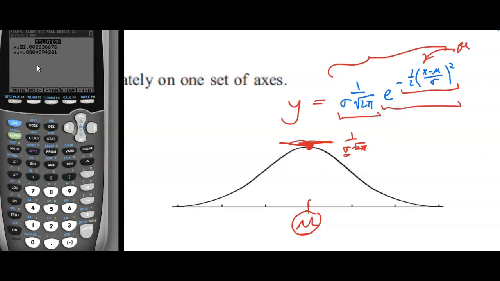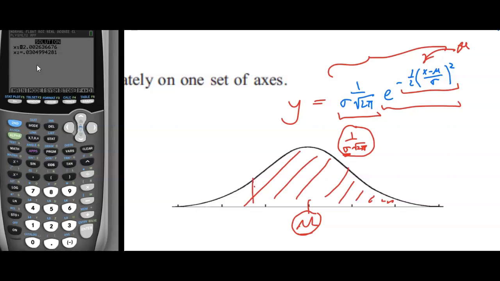But of course the sigma is changing depending on how wide the distribution is. So notice that the wider the distribution is, the bigger the sigma is, the smaller this coefficient becomes, and the flatter the function becomes. So when the function is wide, it becomes flat. And all of this is in an effort to make sure that, remember, the total area of this function has to be exactly 1.0, right? 100%.